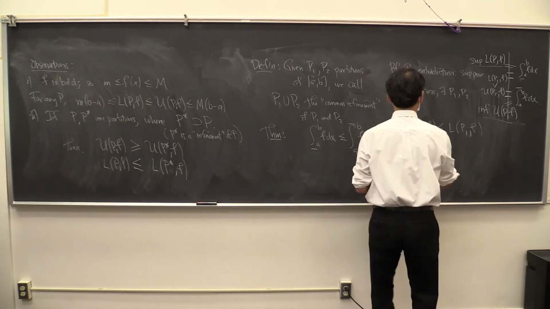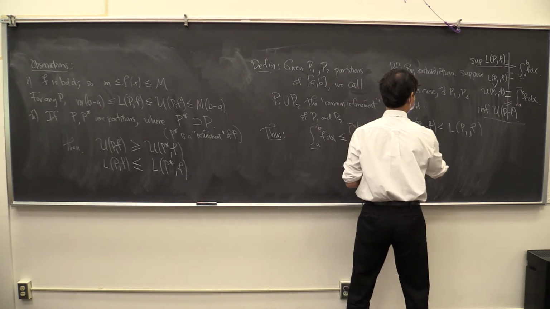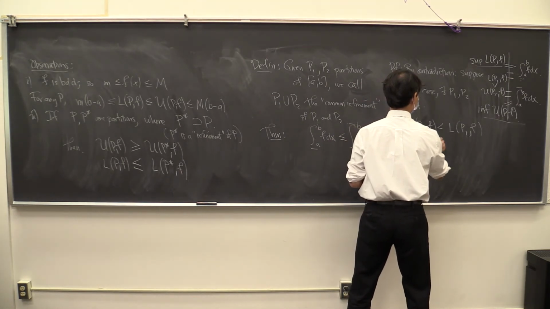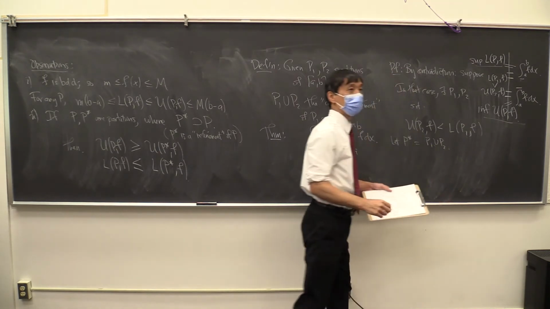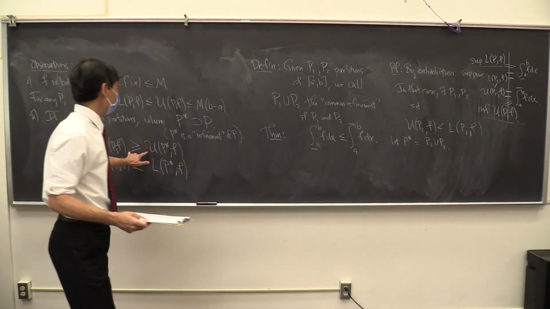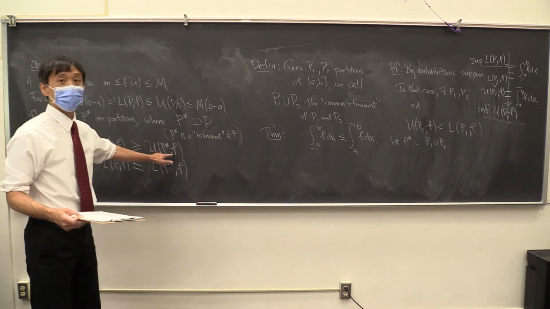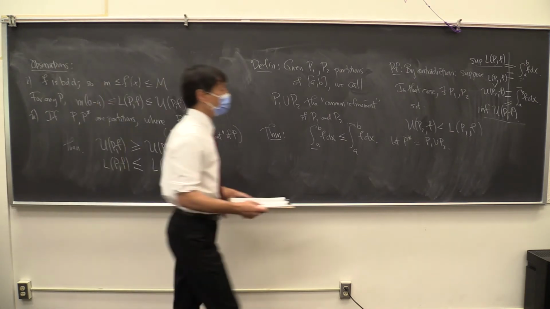Okay, so now let P star be the common refinement, P1 union P2. We saw what happens with a refinement: the upper sums get smaller.